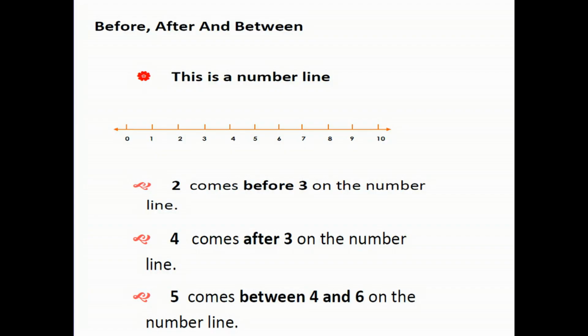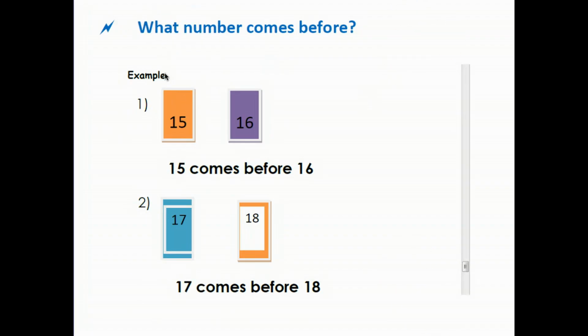Again, here also another example. What numbers come before? Here you have 15 and 16. So 15 comes before 16, or you can say 16 comes after 15. The second one, you have 17 and 18.